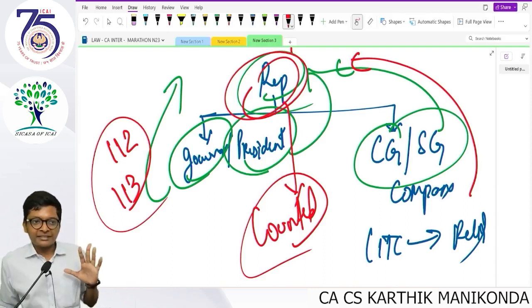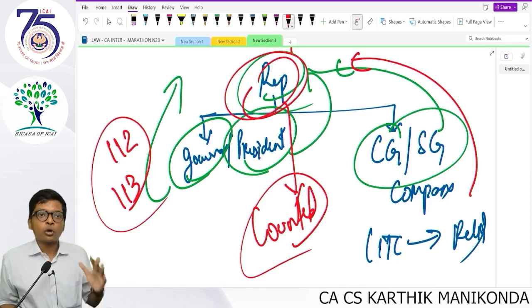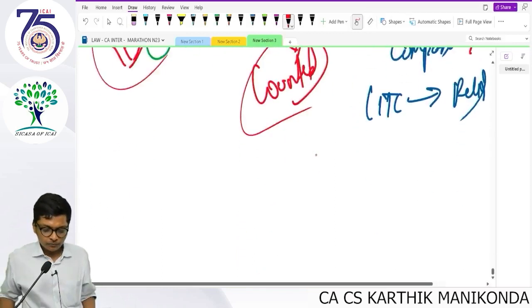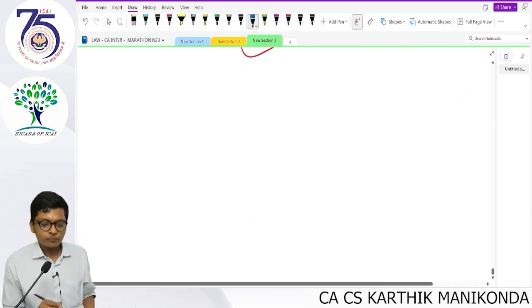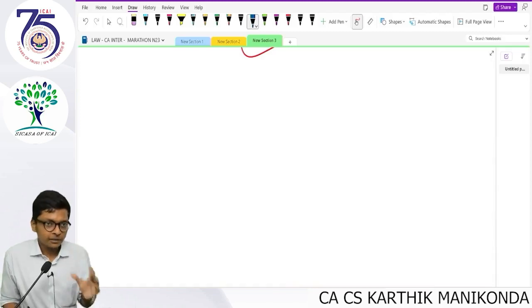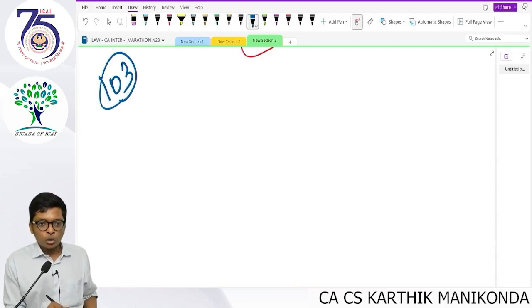I will not insist on all sections, today only important sections. So 112 and 113 is for representations given, but we are counting for the purpose of quorum. Are you following, guys? Hello, all of you with me? Which section is this? 112 and 113. Super.